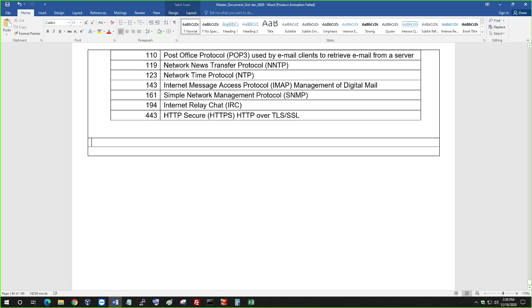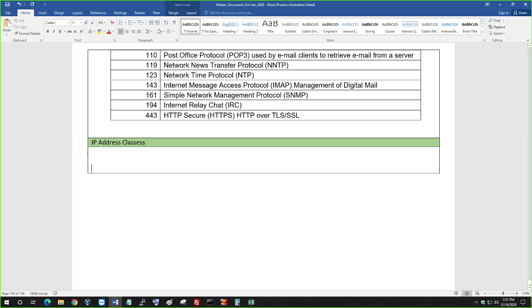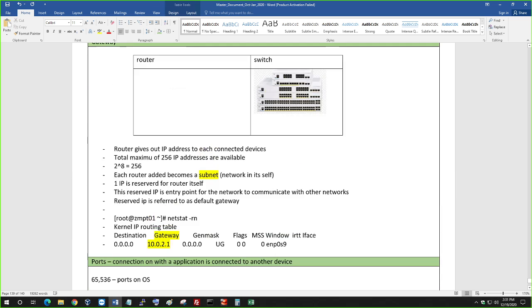Let's talk about the IP address class. So let's look at our IP address here. What is our IP address?